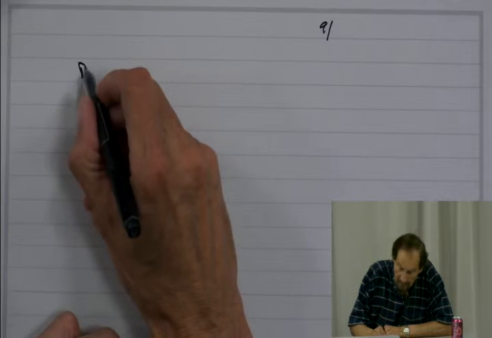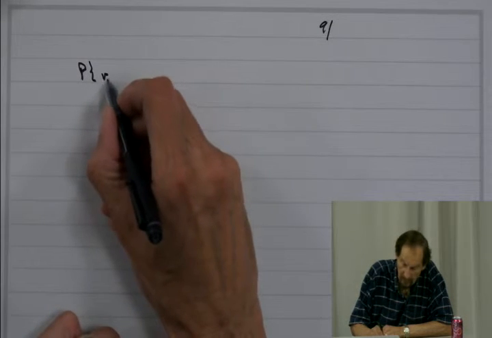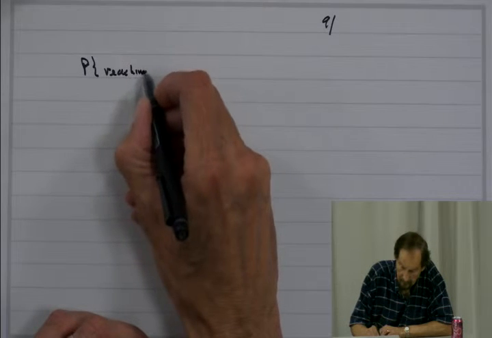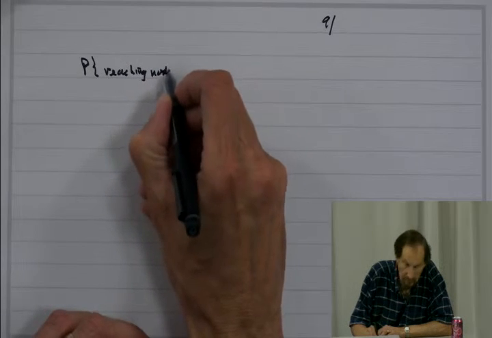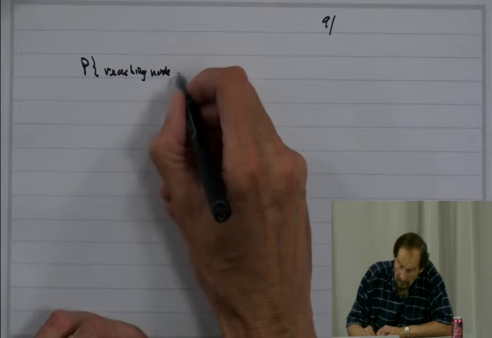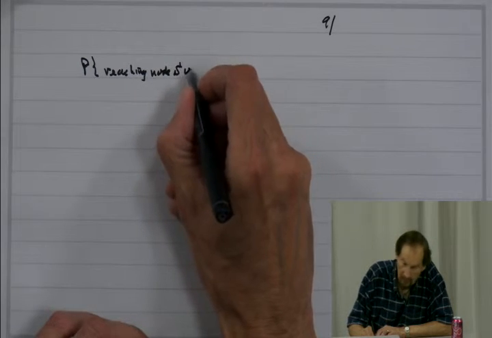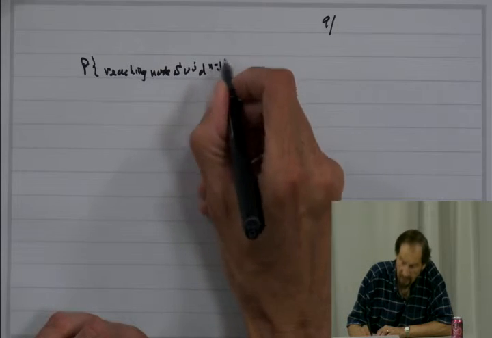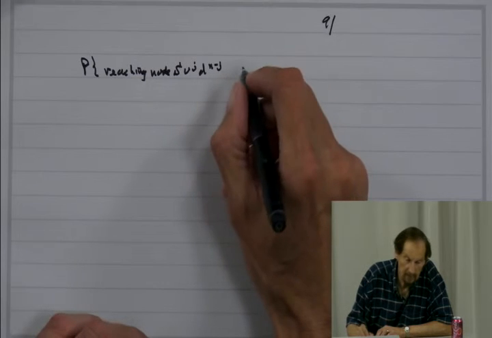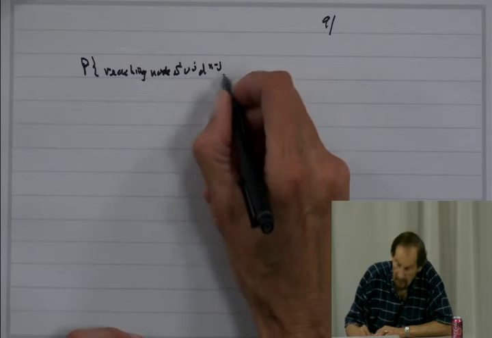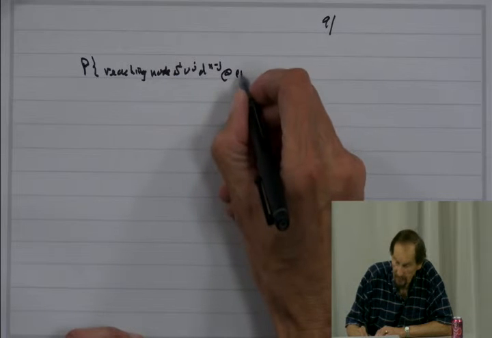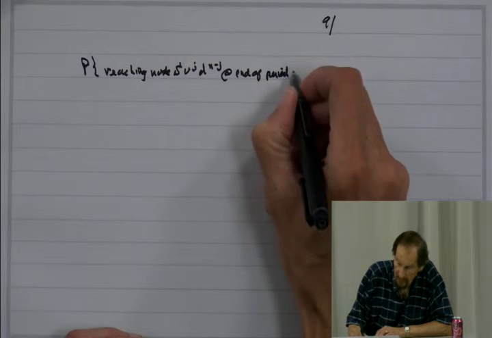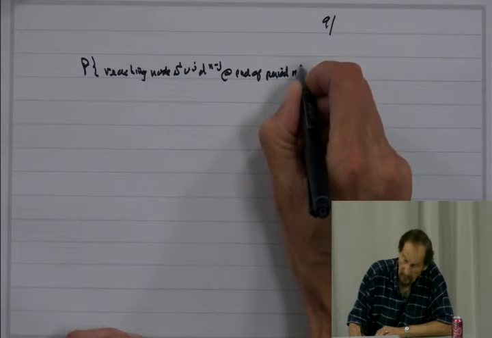We'll say that the probability of reaching node S u^j d^(n-j) at the end of period n, what does that equal?